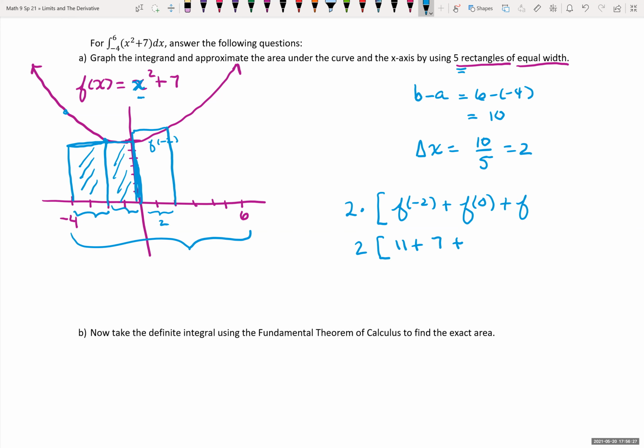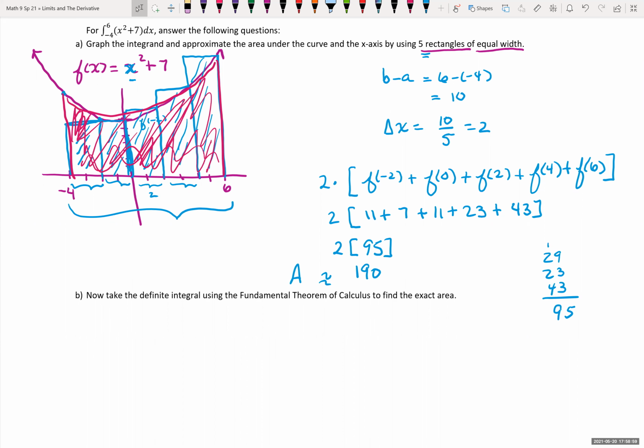So part B says, now take the definite integral using the fundamental theorem of calculus to find the exact area. Well, the fundamental theorem of calculus gave us this easier way to find area under the curve. And that was saying that we can integrate from our lower bound to our upper bound of our function, if our function is continuous, dx.